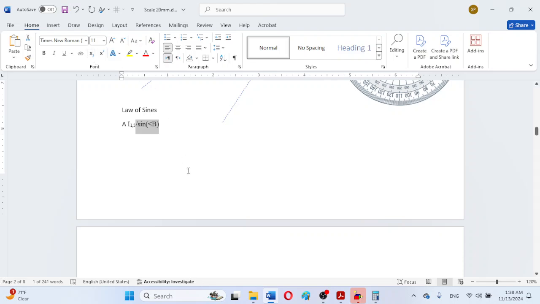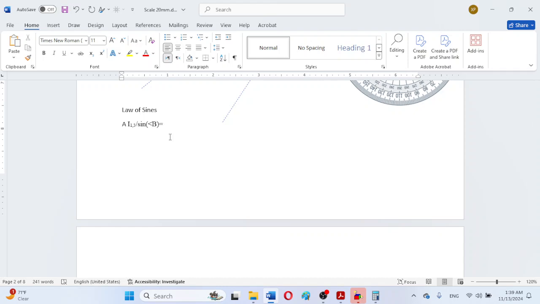In this way, for the law of sines, I'm not properly typing the equation with the help of the equation editor, I'm just making you understand how the law of sines will be applied.